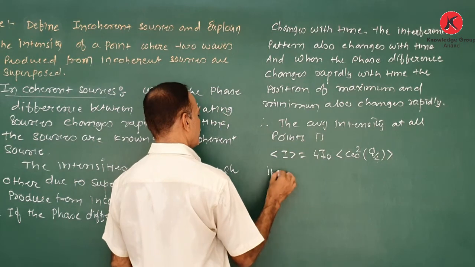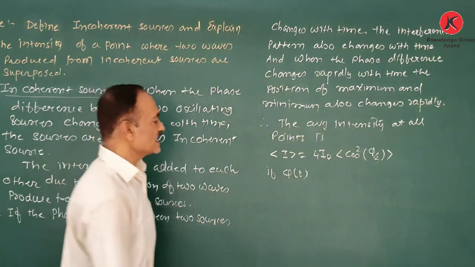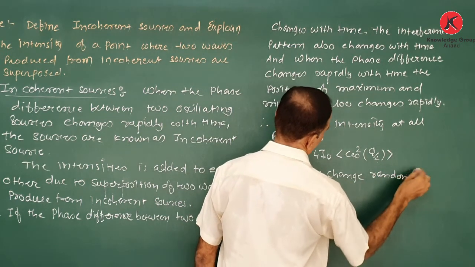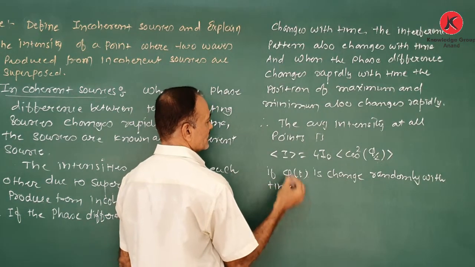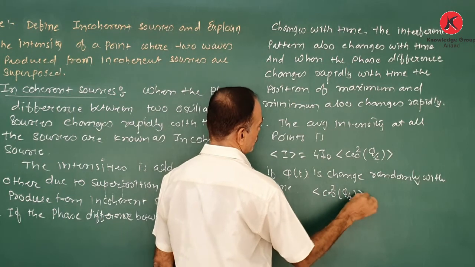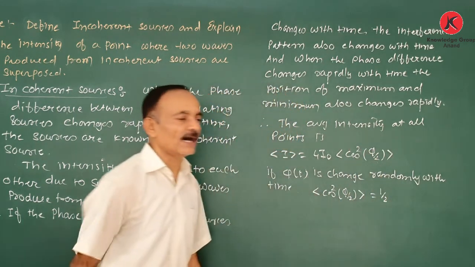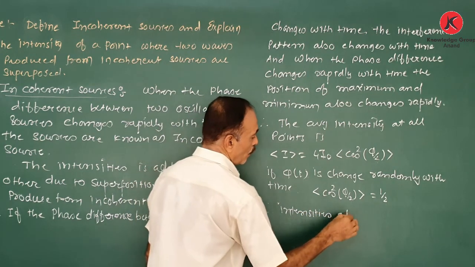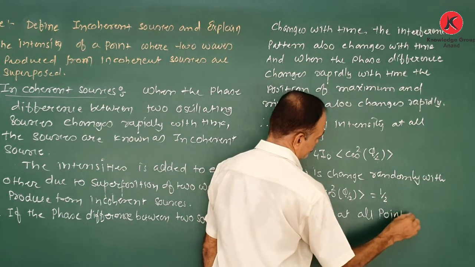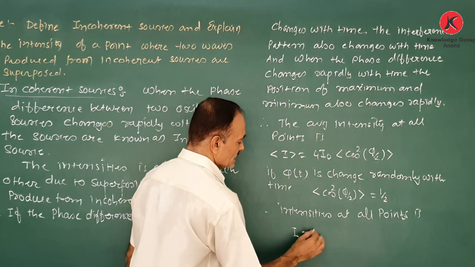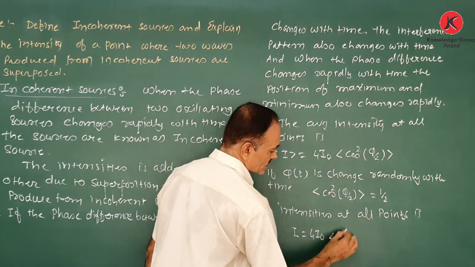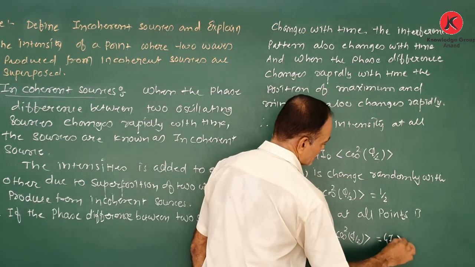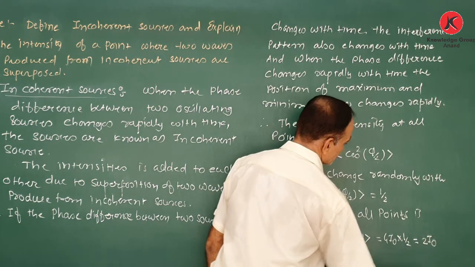Now, if the phase phi changes randomly with time, the average of cos² (phi/2) is approximately 1/2. Therefore, the intensity at all points of the pattern is I = 4I0 average cos² (phi/2). Substituting the average value, I = 4I0 times 1/2, so it equals 2I0.